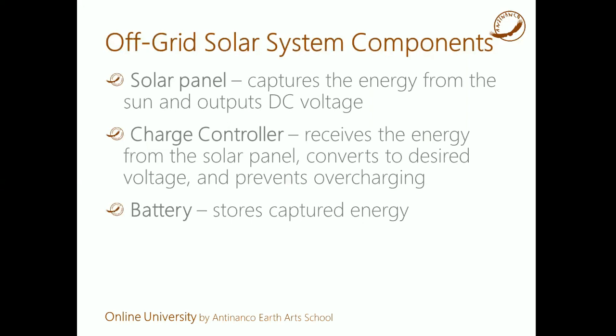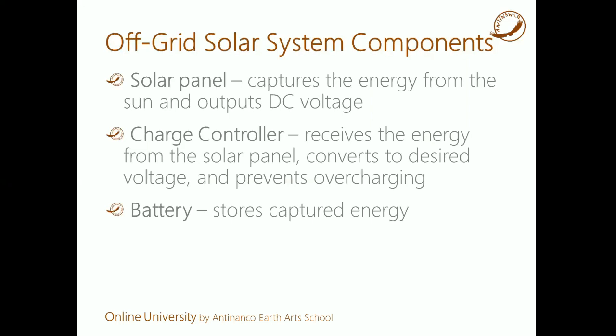And B, how efficient they are at storing the electricity. Some batteries only allow you to use 40% of their rated capacity. Others allow you to use up to 80%. Some weigh 100 pounds, others weigh 20 pounds. So obviously the more capacity you're allowed to use and the lighter the batteries are, the more expensive and the more advanced they are.